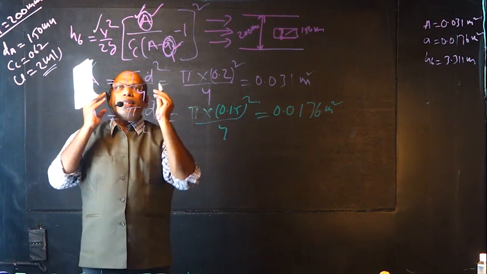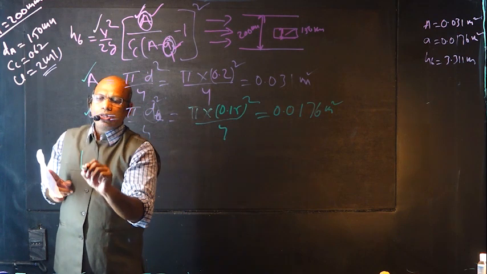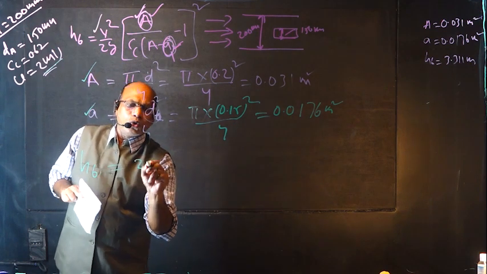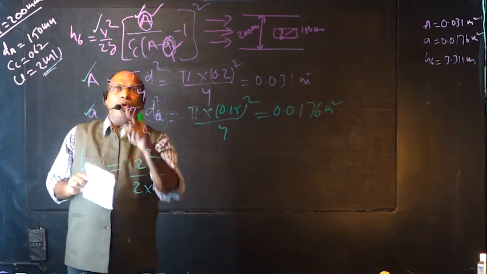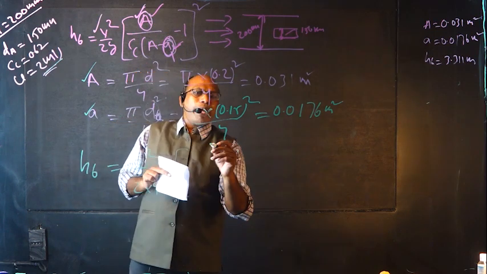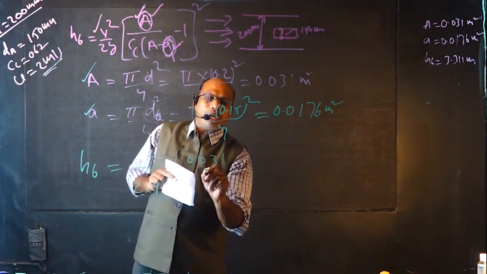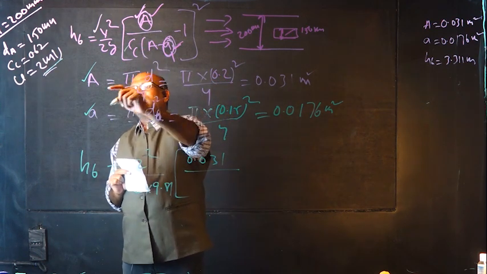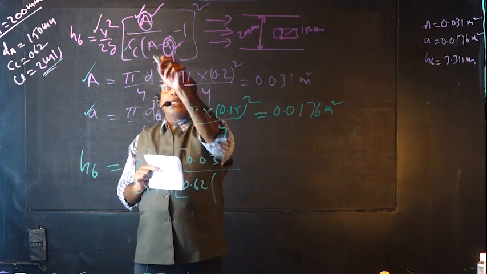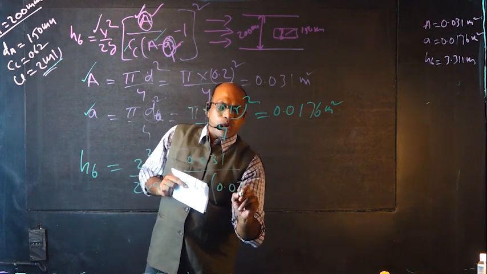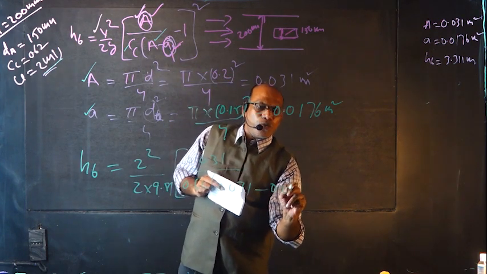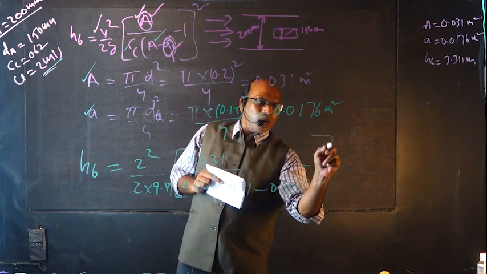Now we have determined the area of the pipe and the area of the obstruction. Now these values are substituted in the standard equation. Head loss due to obstruction is equal to velocity squared, what is the velocity? 2 meter per second. 2 square divided by 2 into g, where g is 9.81, times the bracket: cross-sectional area of the pipe 0.031 divided by the coefficient of contraction given in the problem, 0.62, times the cross-sectional area of the pipe 0.031 minus the cross-sectional area of the obstruction 0.0176, minus 1, whole square.